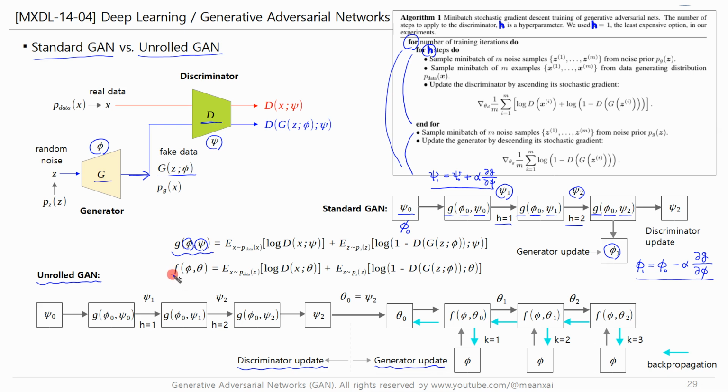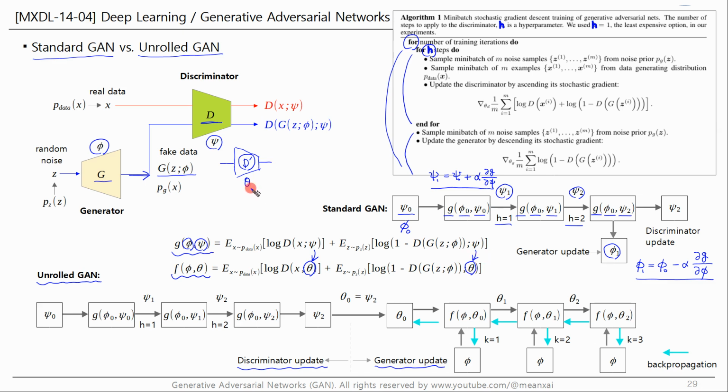Unrolled GAN uses this surrogate loss function f to see the discriminator's response. f is computed via a kind of surrogate discriminator. This function uses theta instead of psi, which is the parameter of the real discriminator.